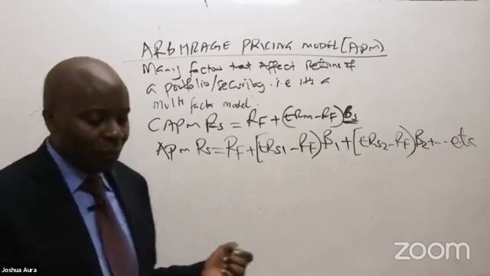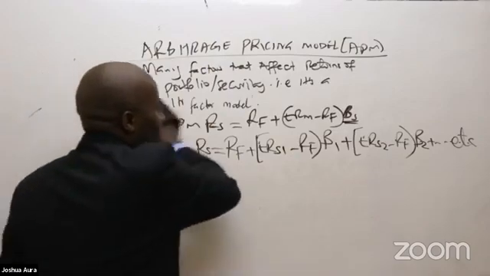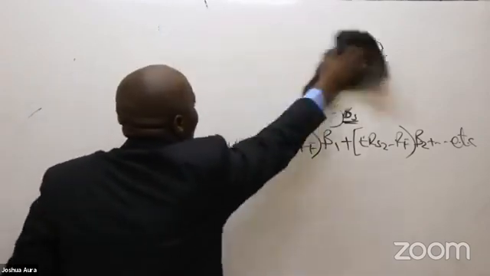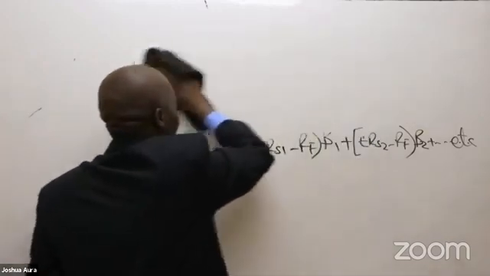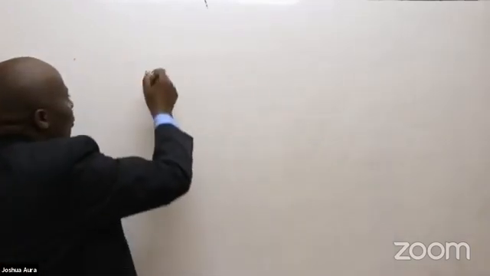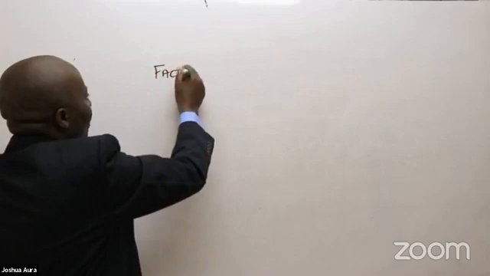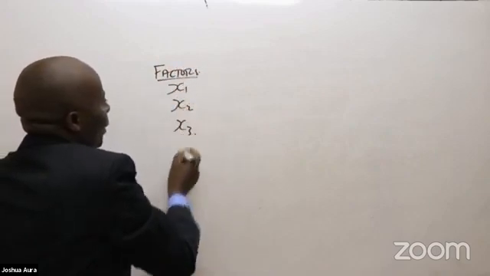And normally, if you have been able to write this down, what your examiner will do is this. Your examiner, ladies and gentlemen, will give you this kind of information. He'll give you factors X1, X2, X3.